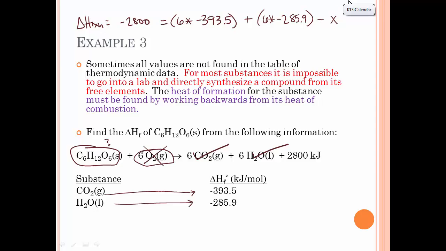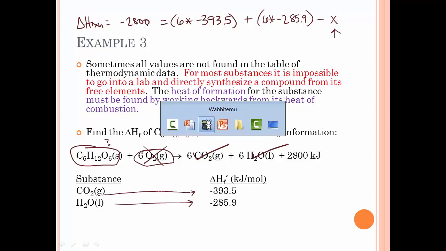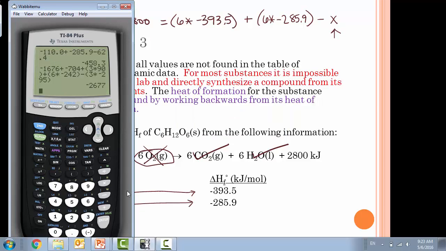So here's our setup, and we're just going to do some simple algebra and solve for X. So let's get to work on that. We start with negative 2,800, and then we're going to move these other ones over to get X by itself.